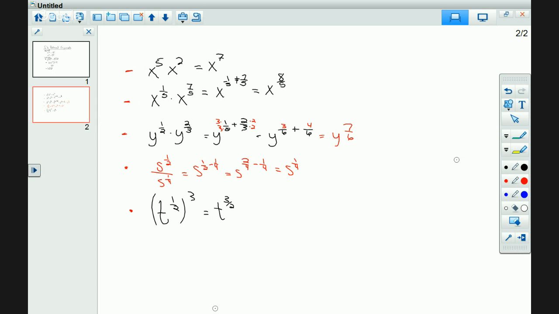Either way. The last one that we did: what do you do with the negative? Yeah, you put it on the bottom.